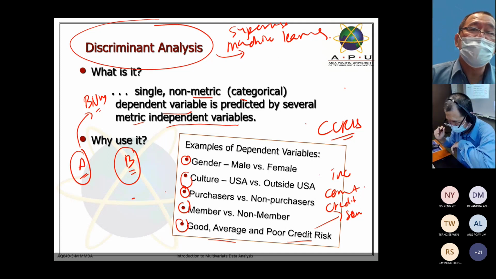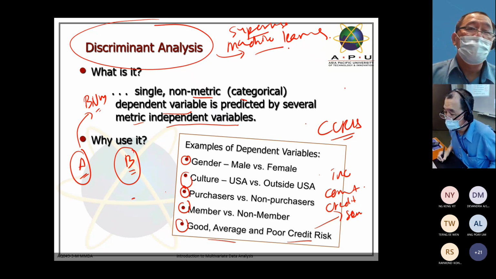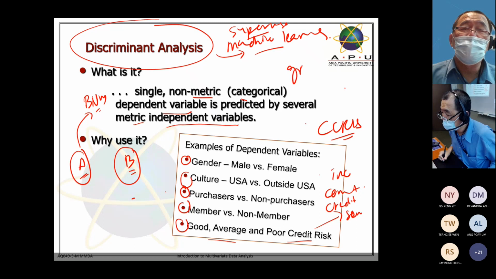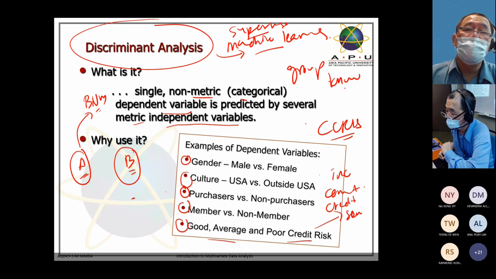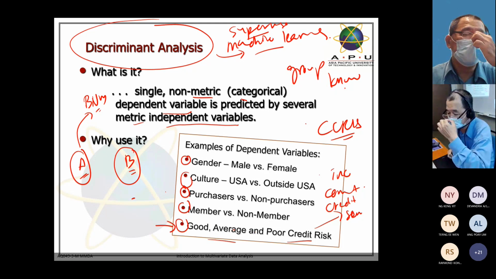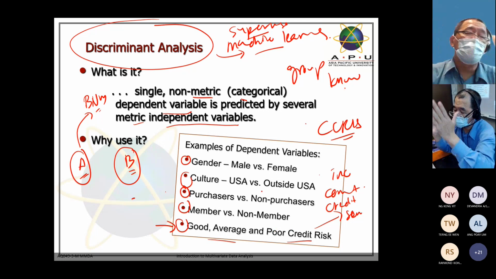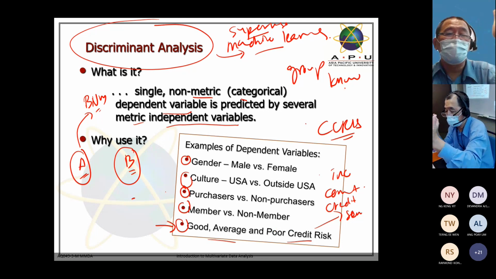We call it supervised machine learning because you can use this method when the group is known, meaning you have the data already. For example, you have the data for good, average, and poor credit risk, meaning you have one column called credit risk.